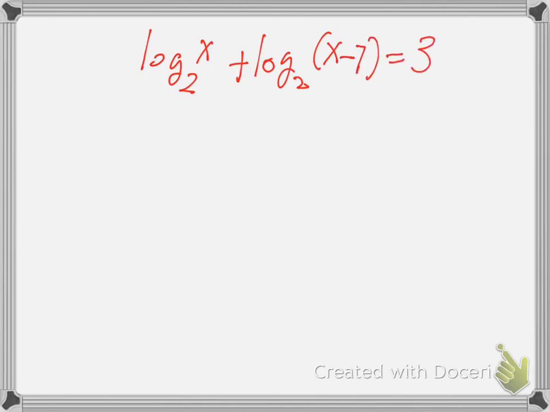Now let's add more examples. log base 2 of x plus log base 2 of (x minus 7) is 3. We put the two logs together, and we get the product.